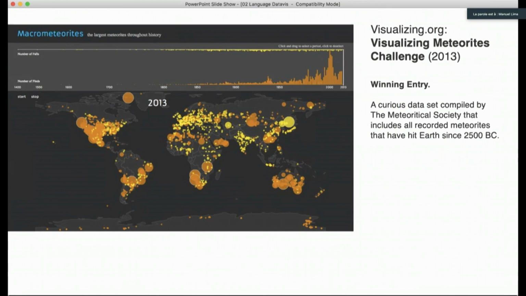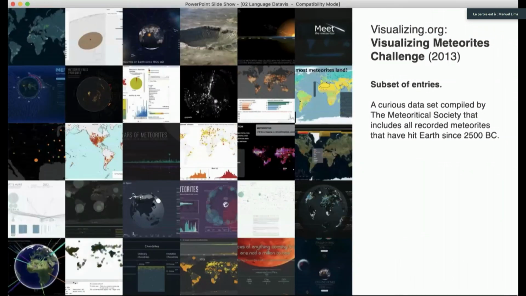It was exactly the same data set, but that same data set produced this variety and diversity of approaches, right? Once again, seeing how there's not one single possible map or interpretation. There are many possible maps. And likely, if you really want to have an understanding of a phenomenon, you need more than one visualization, because one will never be enough. You need multiple angles to understand this problem from the various sides, the various facets.